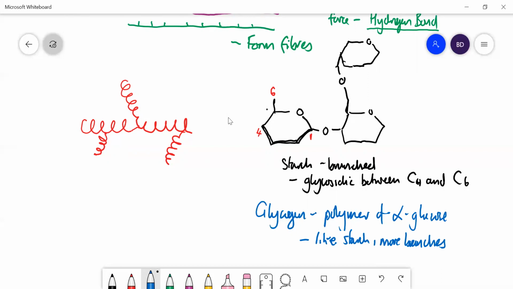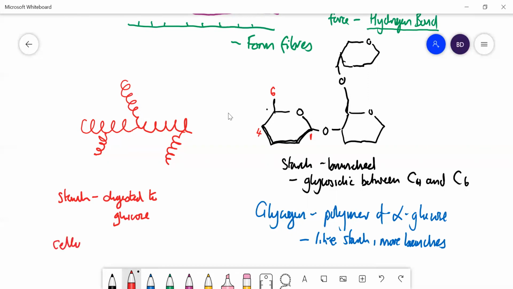Let's just talk about starch and cellulose, how they can be broken down. So starch can be digested to glucose by animals. So we eat plants that contain starch, we digest it to glucose, no problem at all.